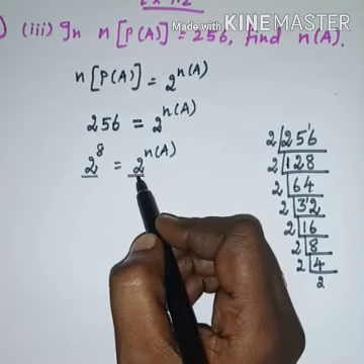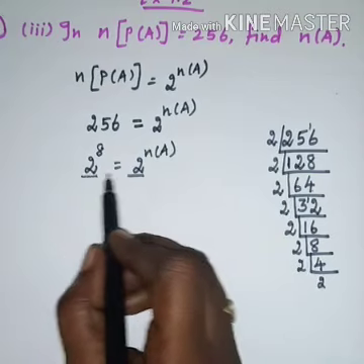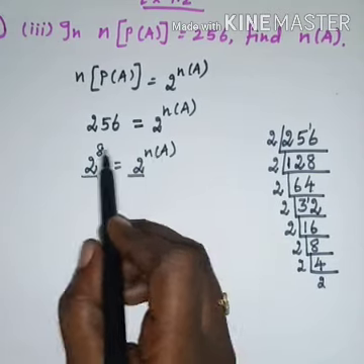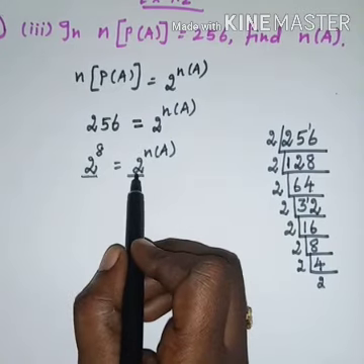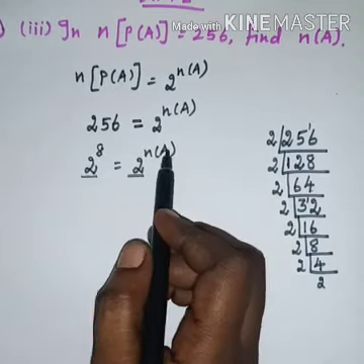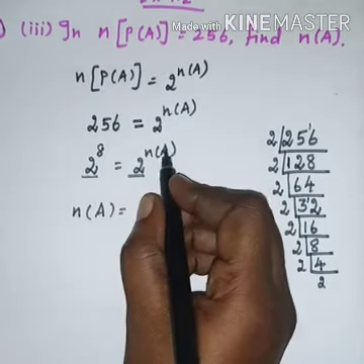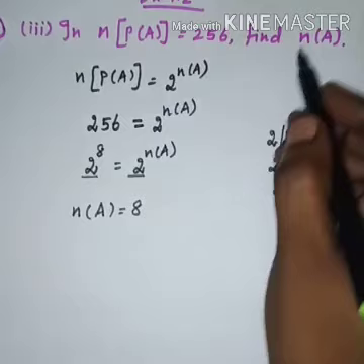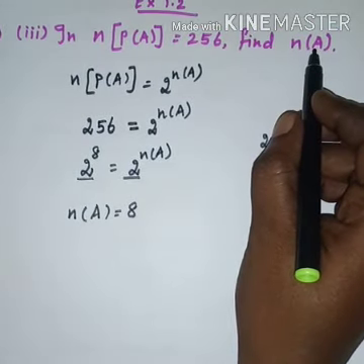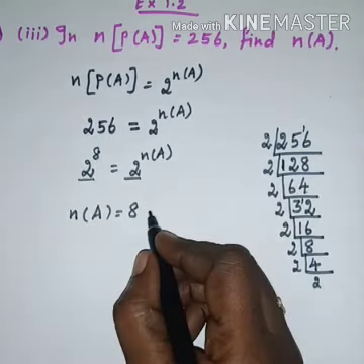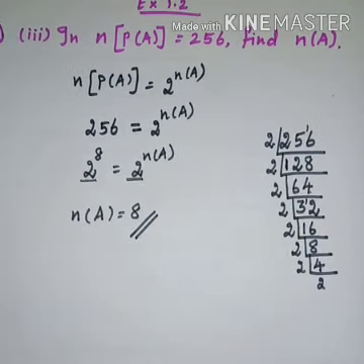Here the bases are equal. So the powers should be equal. So the power n(A) is equal to what? 8. So we have to find the n(A). Here we got n(A) is equal to 8 is the answer.